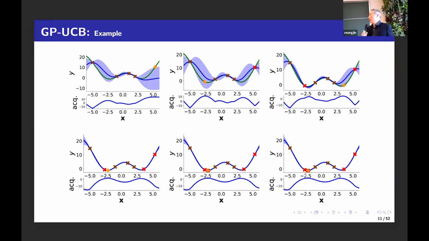In fact, this procedure is very simple, and the applications are getting larger and larger. A lot of different communities realize the usefulness of Bayesian optimization, so they try to employ the Bayesian optimization idea to solve their own problems.